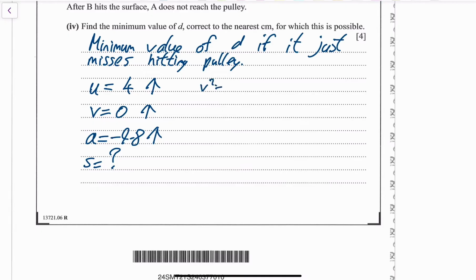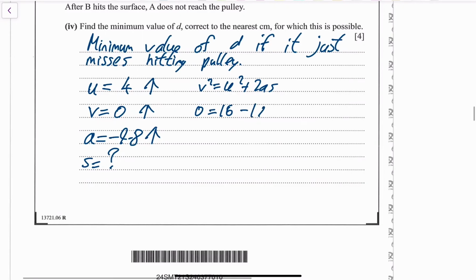So we're just going to say V squared equals U squared plus 2AS. So that's going to be 0 is equal to 16, 2 times minus 9.8 is minus 19.6S. 19.6S is equal to 16. Your S, the wee bit that you've gone up there, is going to be 16 divided by that, which worked out as 0.816 meters, 3 sig figs.